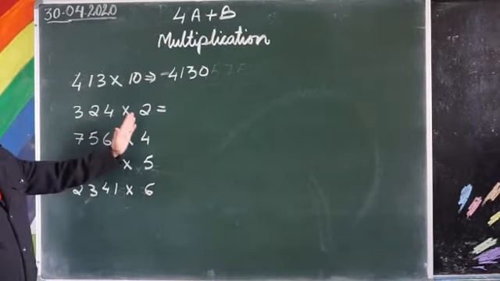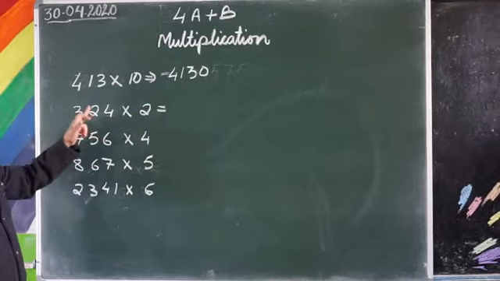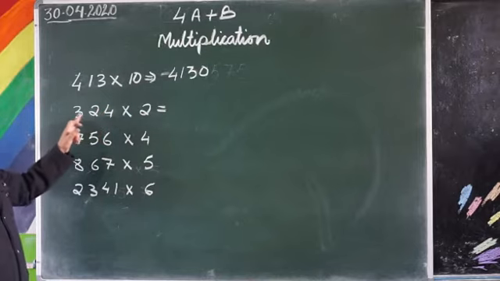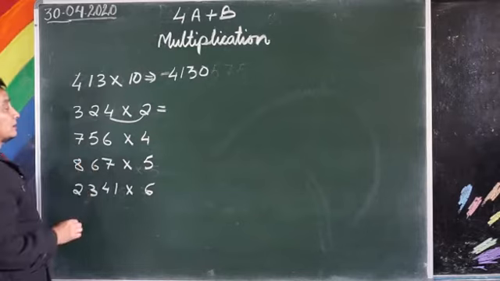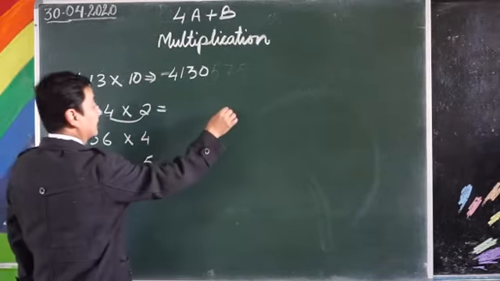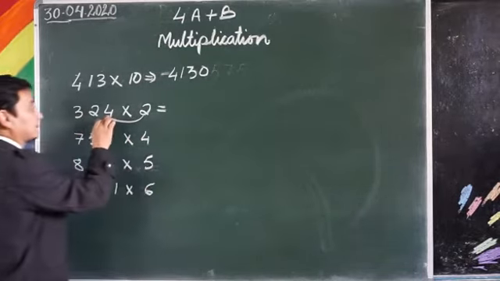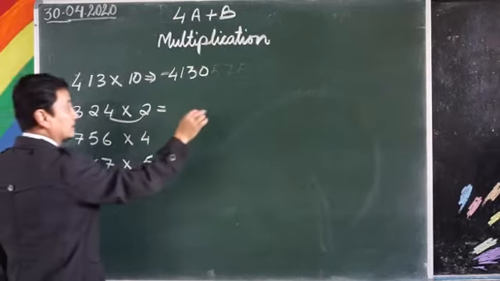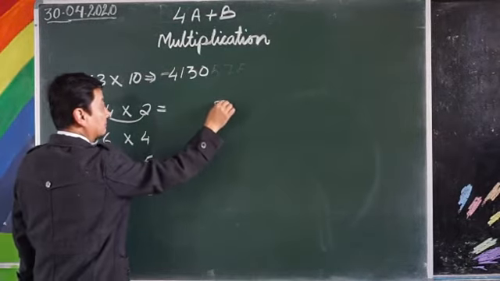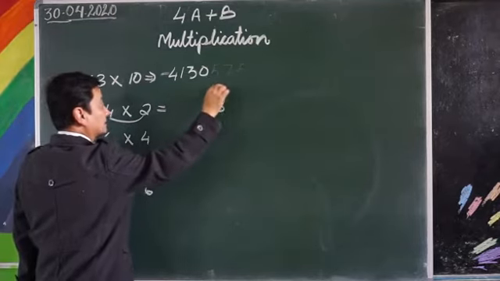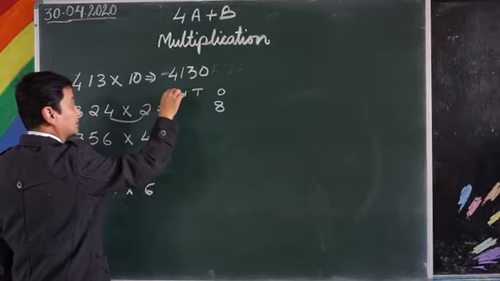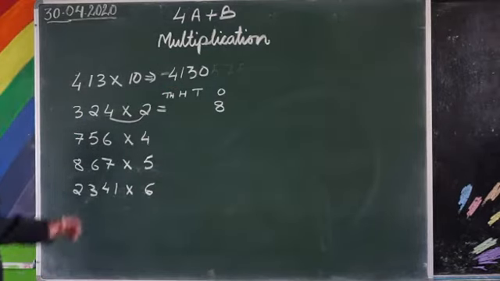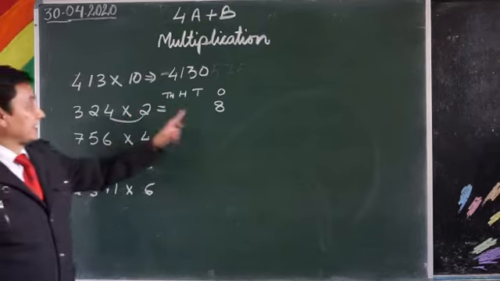Now we must always start multiplying from the ones, tens, 100. Again, ones, tens, 100. So first 2 and 4. 2 4s are 8. So because we are multiplying from the ones column, we must write 8 in the ones column. Okay? Ones, tens, 100, 1000. 2 4s are 8.